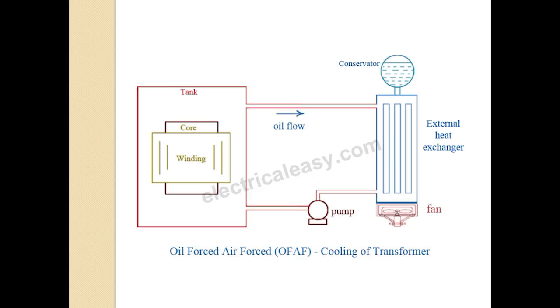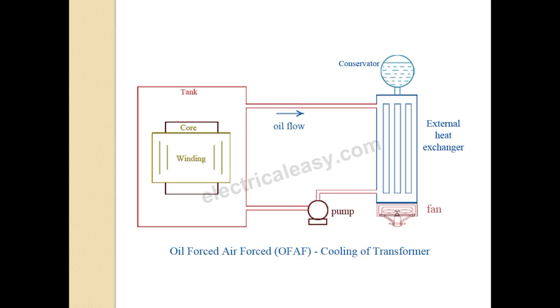Here there is a fan, and this fan will be running continuously, or it may run based upon the temperature. The compressed air is forced to flow over the heat exchanger with the help of this fan, and the heat exchangers may be mounted separately from the transformer tank.